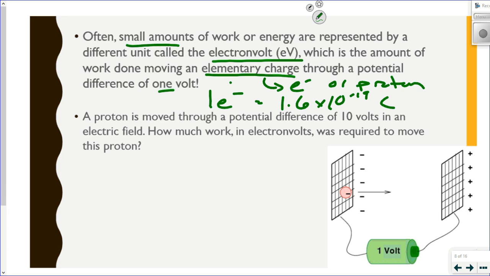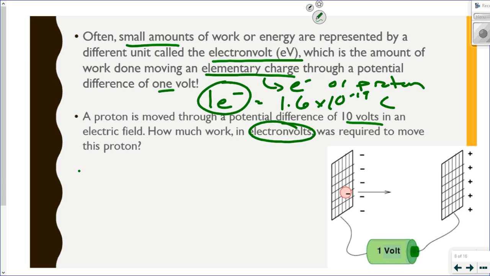Well, here, this is just talking about our electron and the charge on a single electron in a single volt. So, for example, if a proton is moved through a potential difference of 10 volts in an electric field, how much work, this time I'm looking in electron volts instead of joules, this is our smaller unit, was required to move this proton?